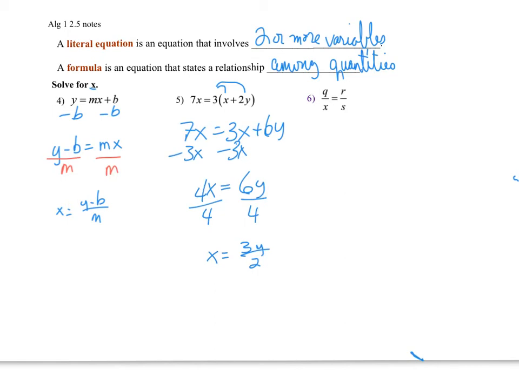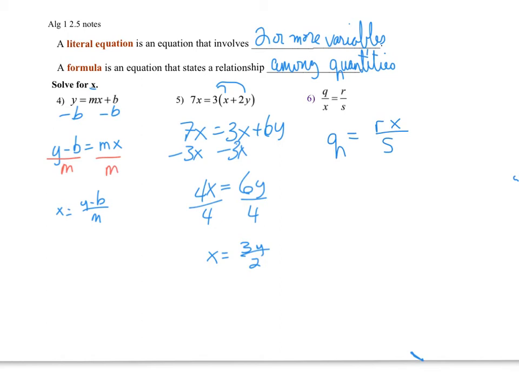Alright, so we want to get x by itself. The first thing that I'm going to do is actually multiply both sides by s. Okay, so I'm going to end up with a q on one side, and then I'm going to have an rx over s on my left-hand side. Then I'm going to go ahead and multiply by the reciprocal. For those of you who forget what the reciprocal is, the multiplicative inverse is another way we've discussed that.